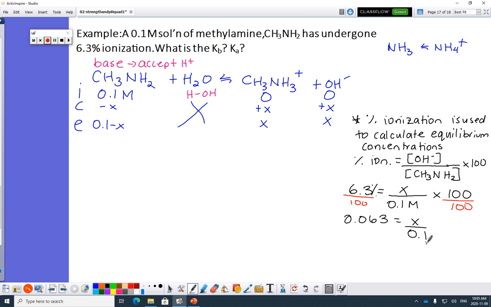And then you just have to multiply by 0.1. And again, decide, do you like scientific notation or not? Because I don't care. This is concentration.